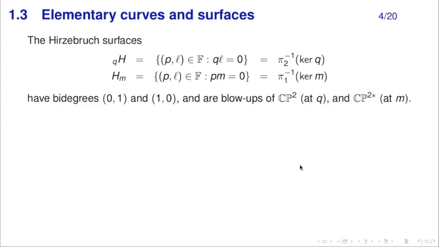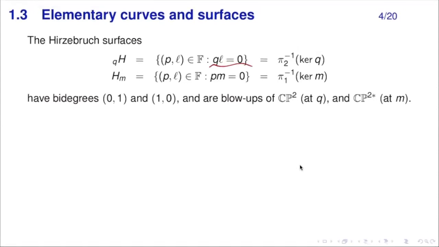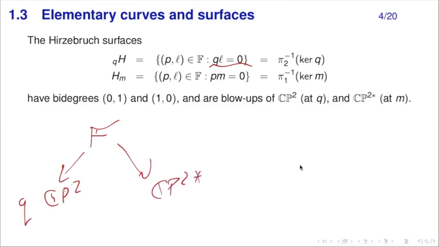So these linear surfaces. For example, Q is written here on the left because we've got this fibration, remember, F fibering on the left to CP2, and then on the right to the dual space CP2 star. And Q is always a point of CP2 and L is a point of the dual space.